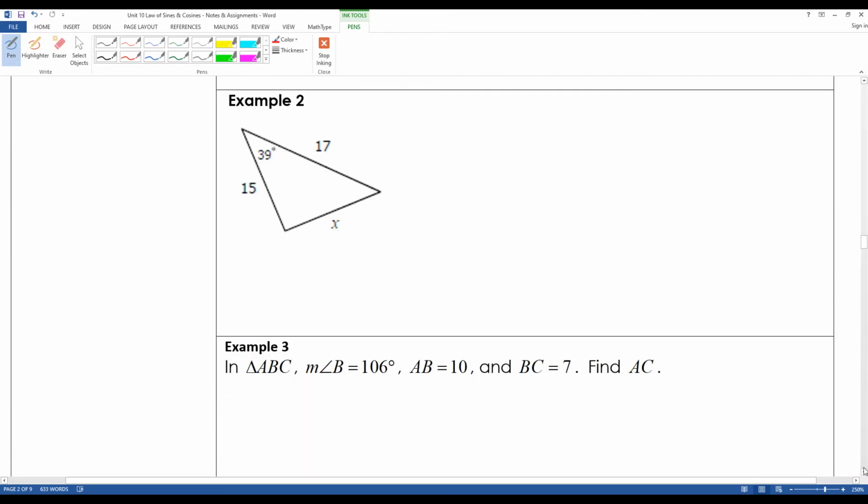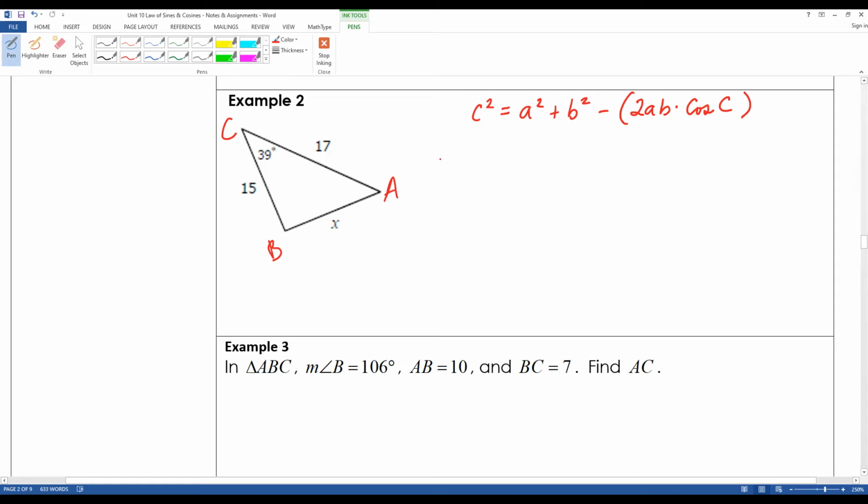Okay, example 2. Let's label this differently just to use a different equation. I'll go A, B, C. Since I have angle C, I'm going to use the C squared equation. If you look back at the top of the notes, that would be A squared plus B squared minus 2AB times the cosine of C. Okay, what do I have?